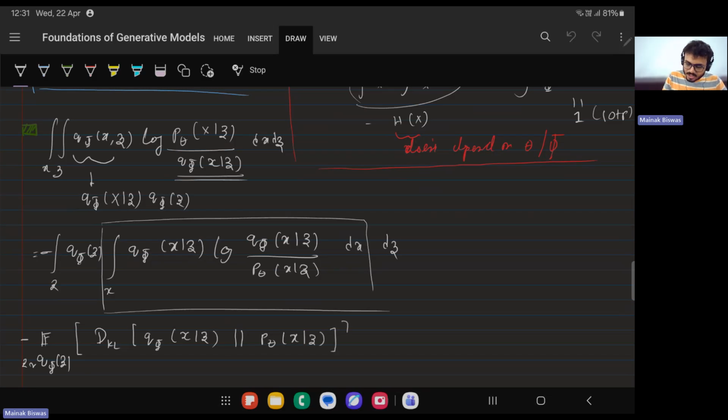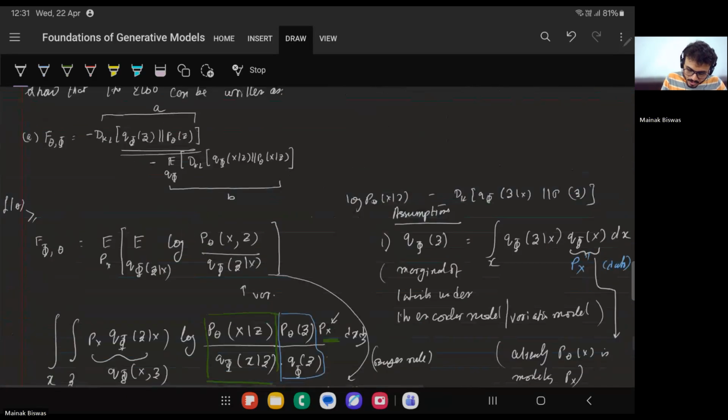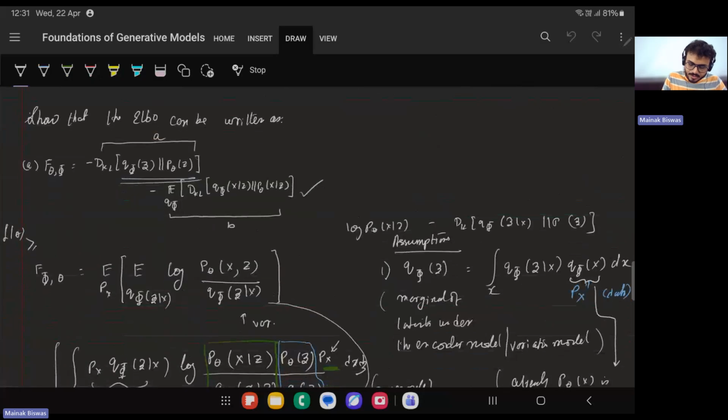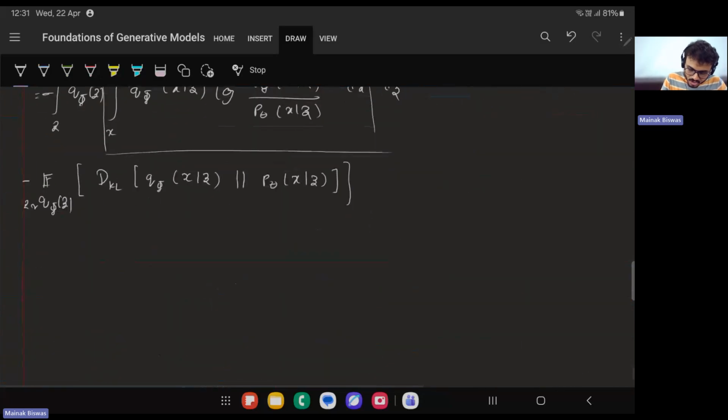So this is what I was trying to prove, right? This is over the distribution of z and not the conditional distribution, so marginal.